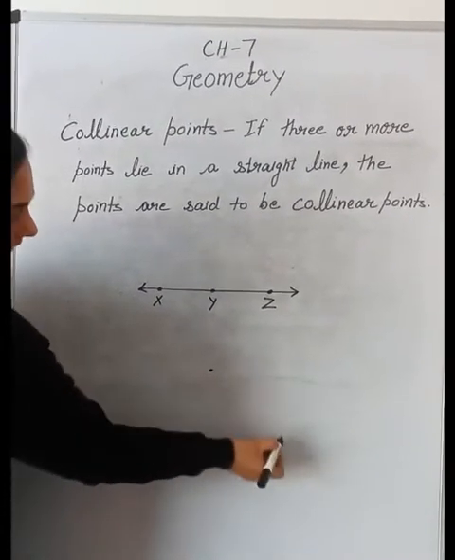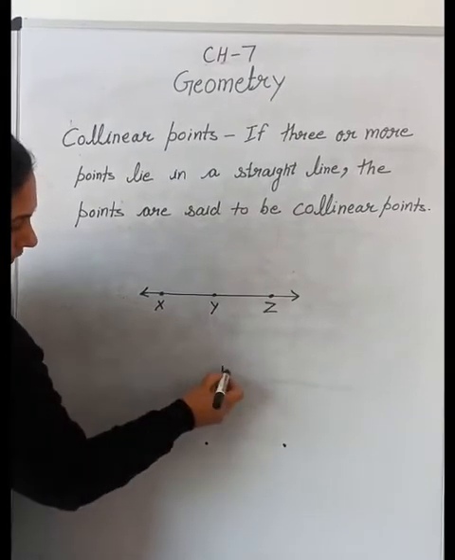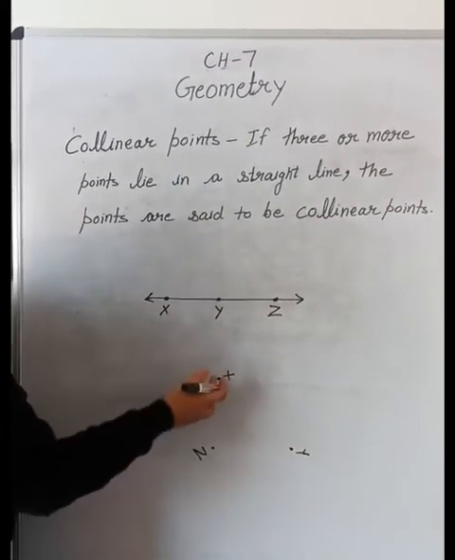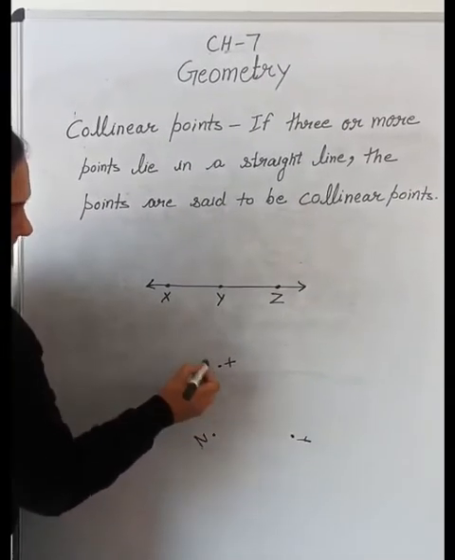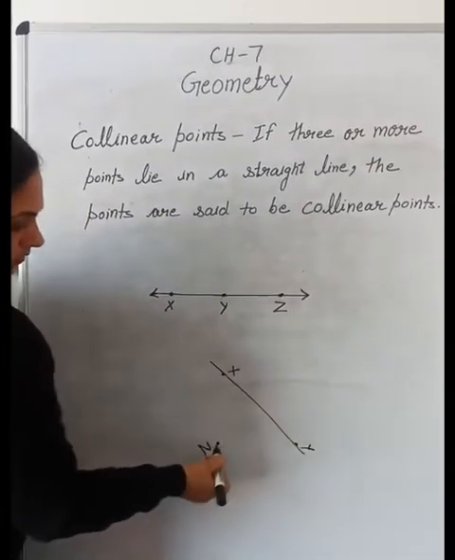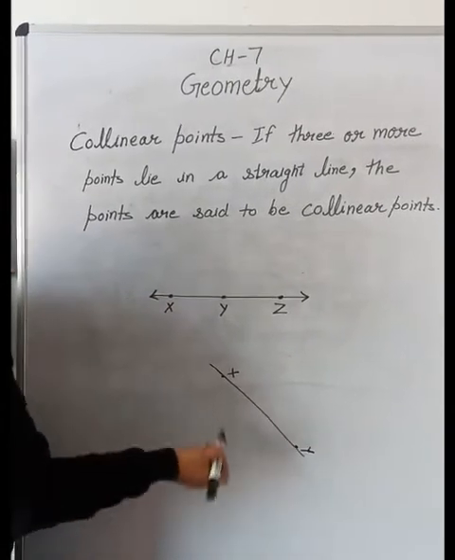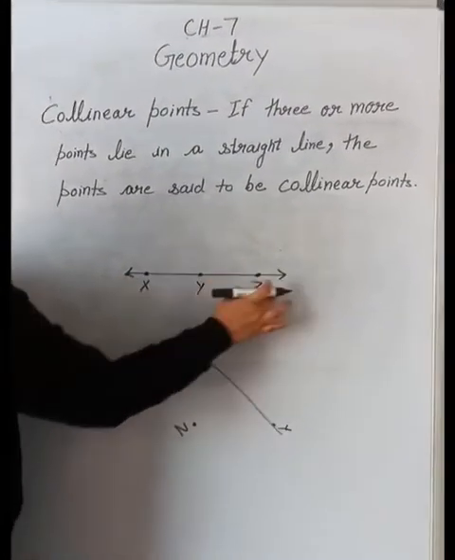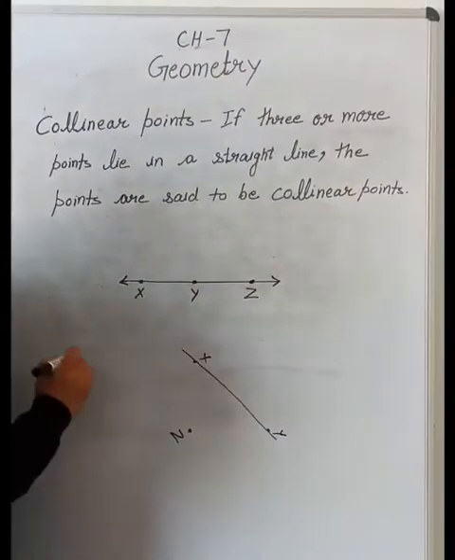If the points are like this, this is point X, this is Y and this is Z, these are not collinear because they are not on the same line. If we draw a line like this, then it is left. So the points which lie on the same line are called collinear points.